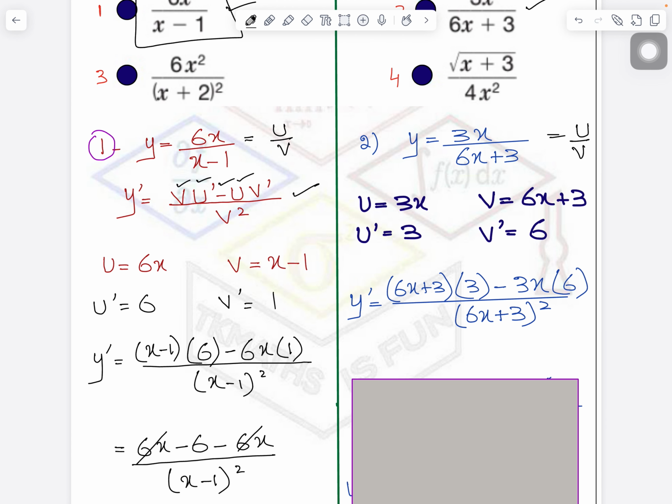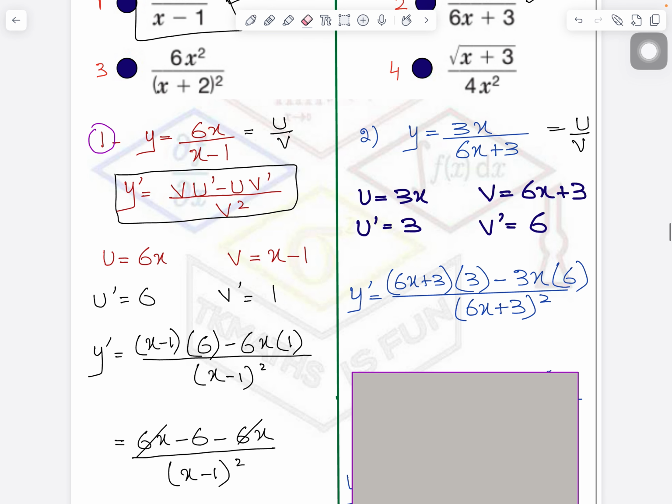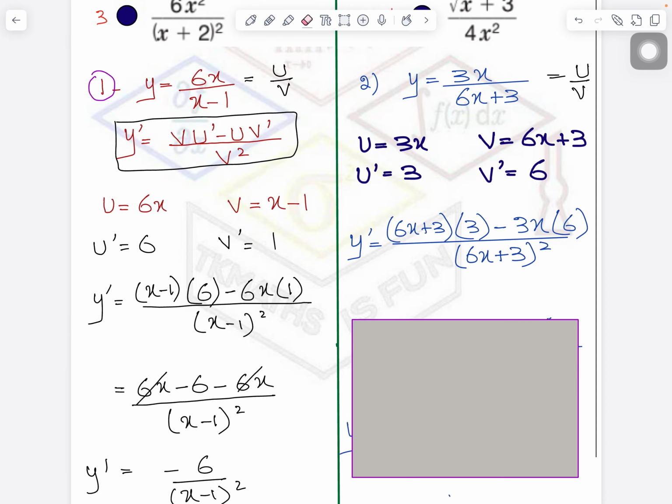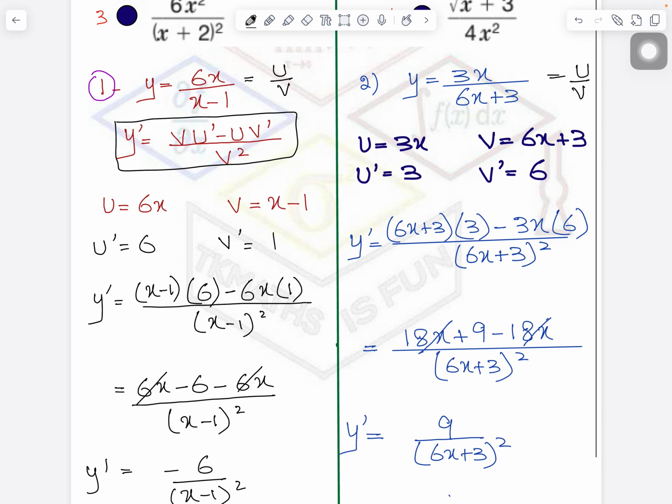And what is the formula? Which is given here: v u prime minus u v prime divided by v squared. After substituting the values in the formula, you have to simplify the numerator. The denominator you will keep as it is. So you will get your derivative function.